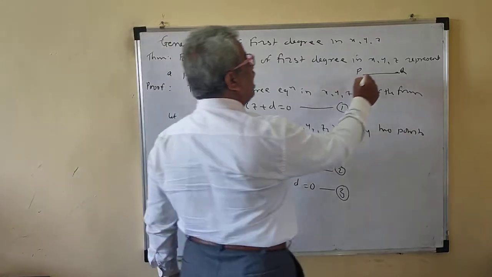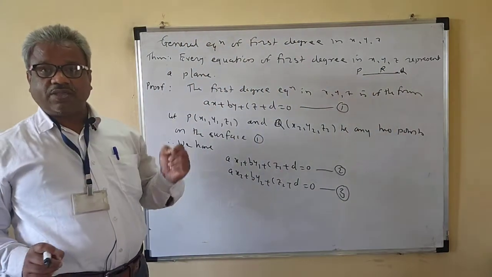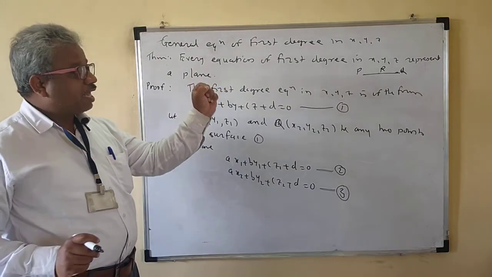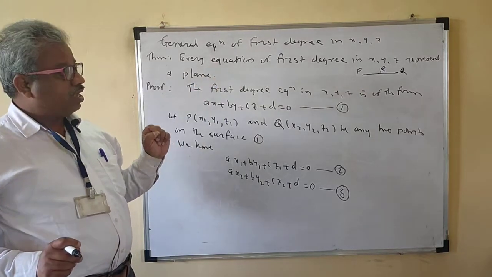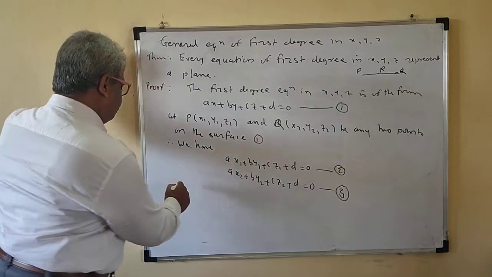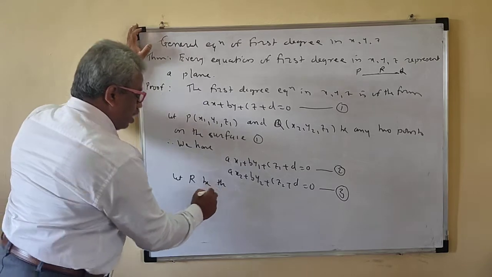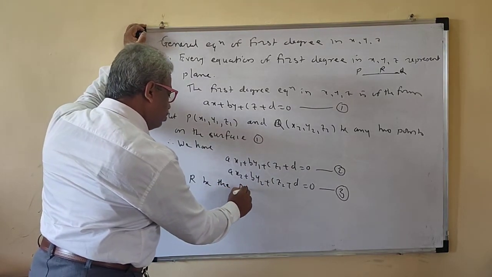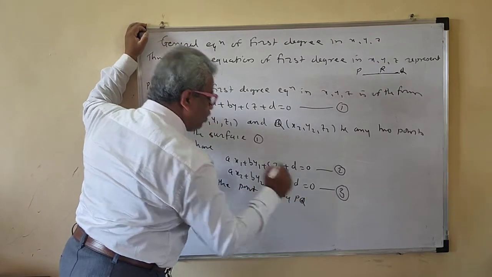Suppose R is any point on the segment PQ. That means R divides the segment PQ internally in some ratio k is to 1. So let R be the point on segment PQ.